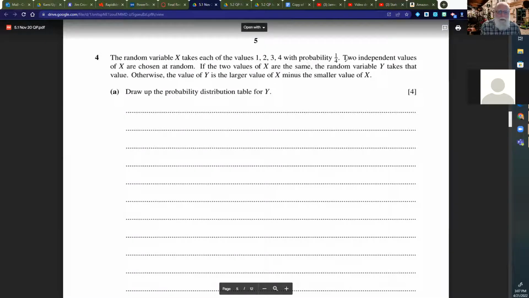So it says we're picking 2 independent numbers, and they're being chosen at random. Now, each number has the probability of coming up as 1/4. What they're telling you is that they all have the same probability of being picked.